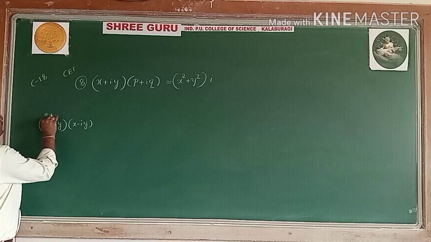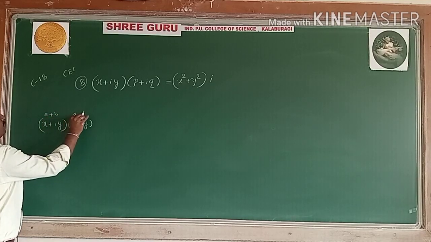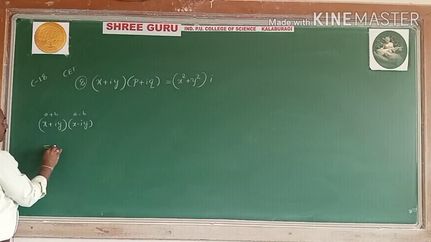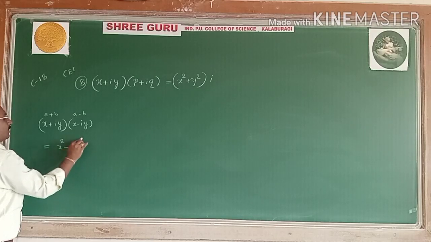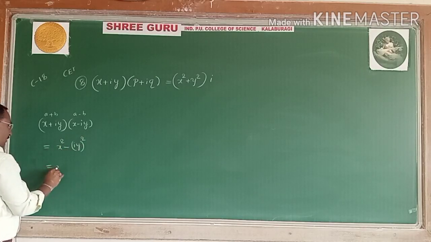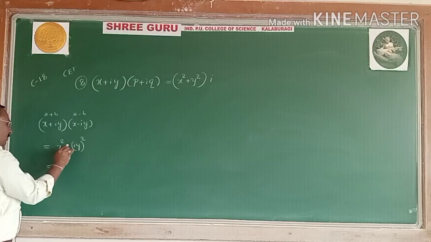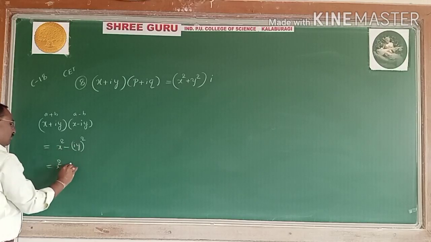This is a plus b, this is a minus b, which can be written as a square minus b square: x square minus iy whole square. x square, and i square value is minus 1, minus minus plus y square.